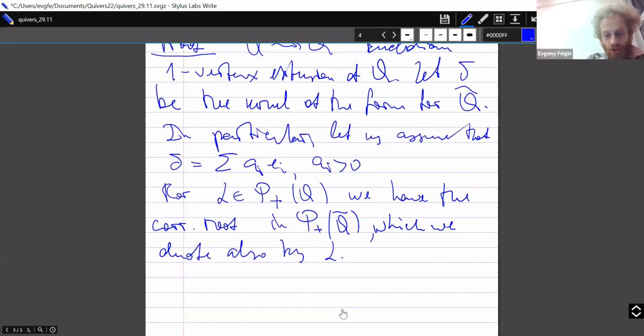Then let us write alpha minus delta. So what do we know about this thing? It is still a root. Yes, first of all, it's a root. And we know that since the form for Q tilde is positive semi-definite, every root is either positive or negative. What about this root? Is it positive or negative?